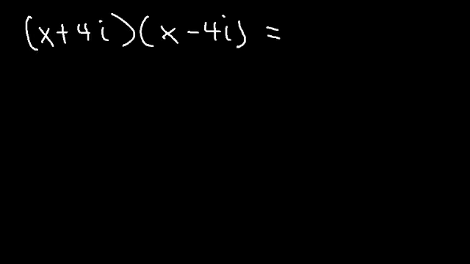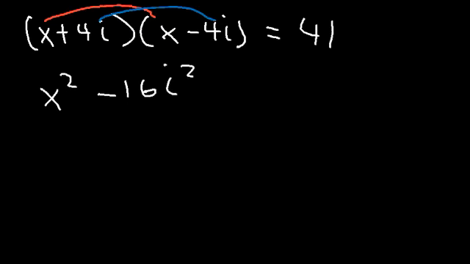Try this one. What is x plus 4i multiplied by x minus 4i? And let's say that's equal to 41. What is the value of x? So we have two conjugates multiplied to each other. So we can multiply the first and last terms. x times x is x squared, and 4i times negative 4i is negative 16i squared.